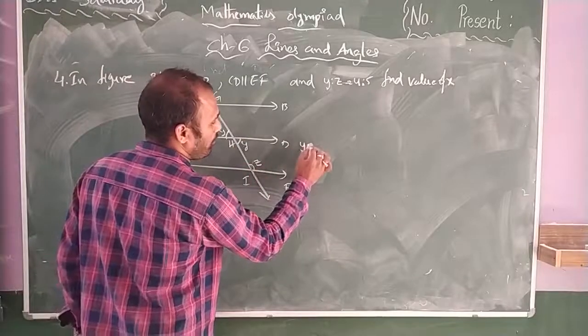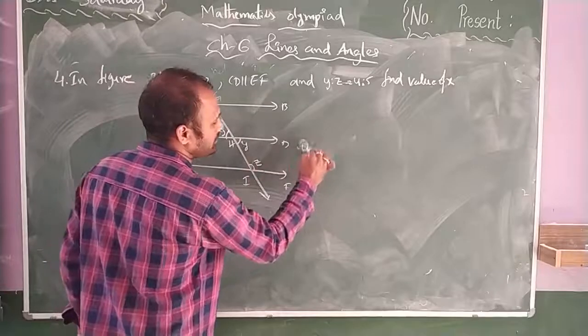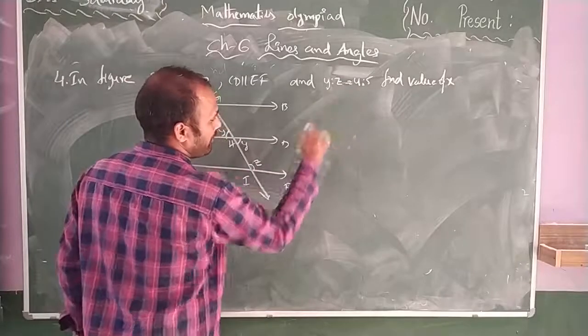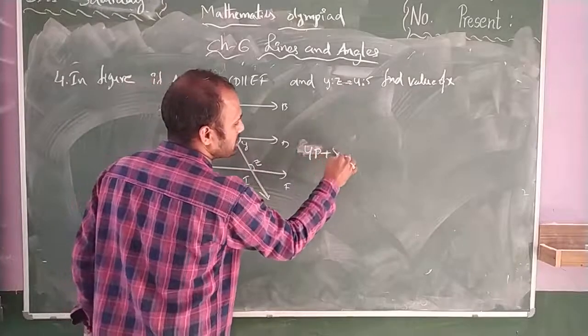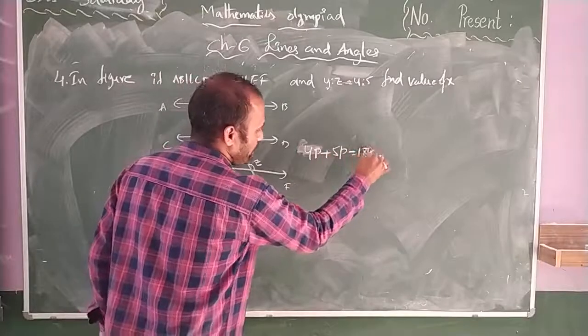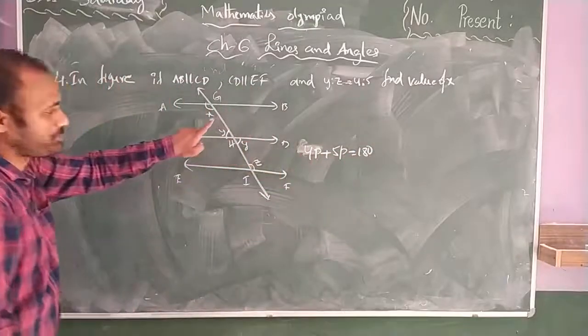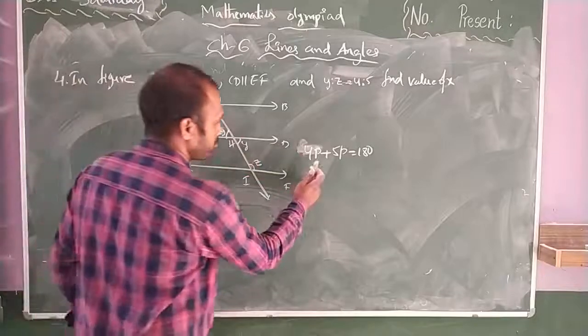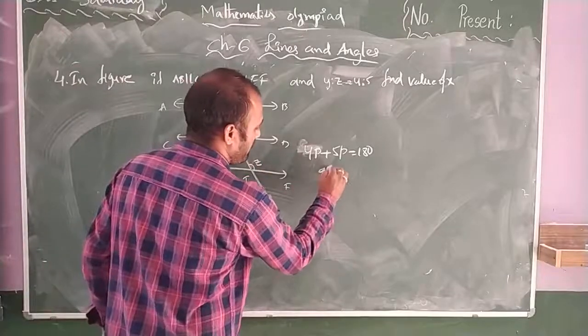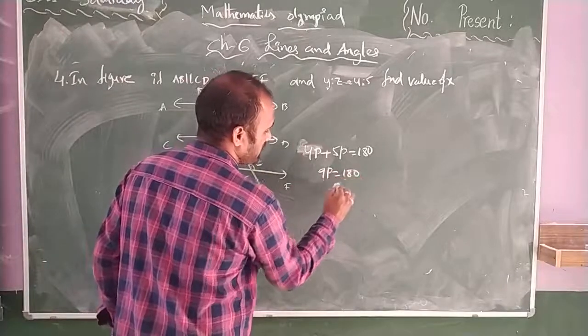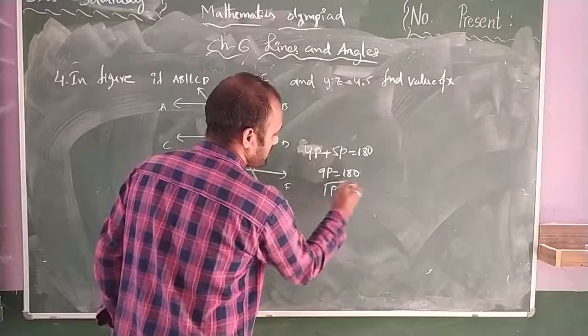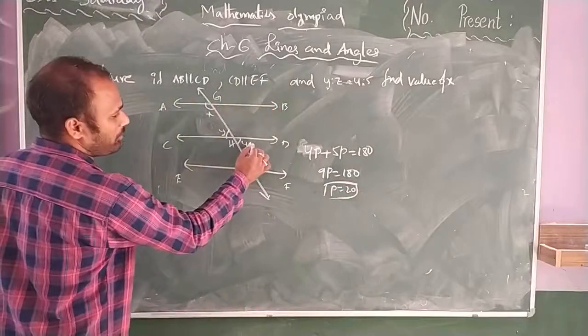Co-interior angles add up to 180 degrees. So I can write y plus z, that is 4P plus 5P is equal to 180. I am putting it as P because we will consider it for x. So 4P plus 5P is 9P, and 9P is 180 degrees. So P will be 20 degrees.